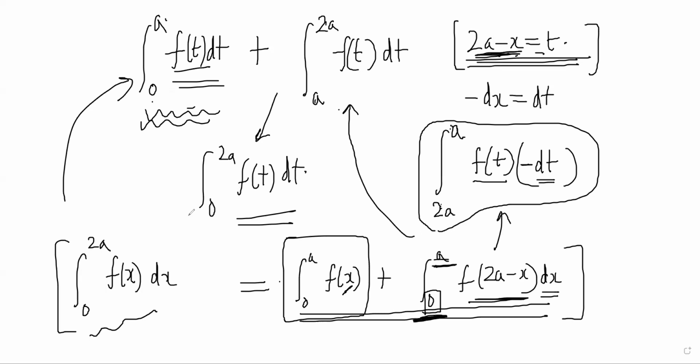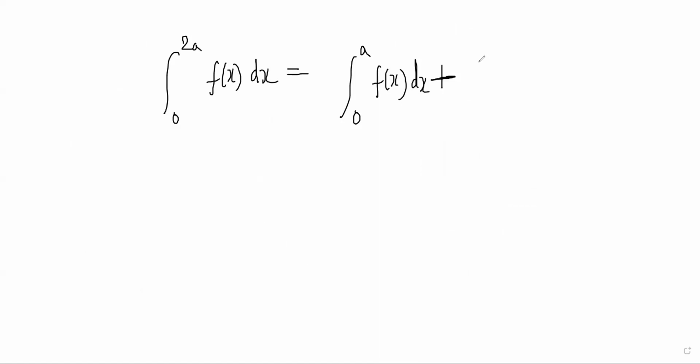So this is the proof of this identity: 0 to 2a f of x dx is equal to 0 to a f of x dx plus 0 to a f of 2a minus x dx.